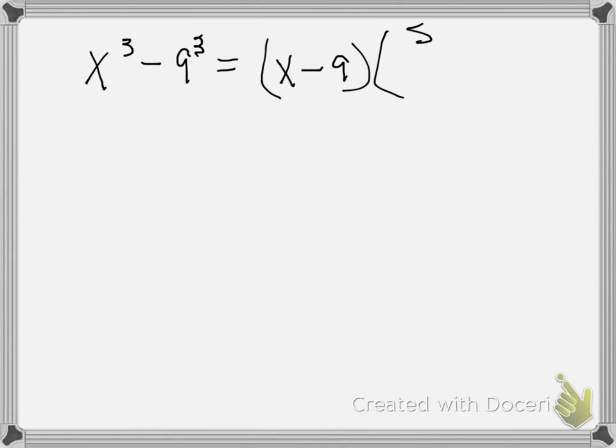If it had been x cubed minus 9 cubed, then we would have dropped the exponents and then SOPPS again: S-O-P-P-S. So we would square the first term, opposite sign, this will be plus, product of the two, 9x, plus square the last term, 81.